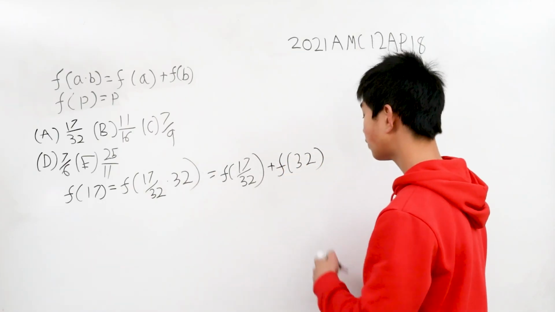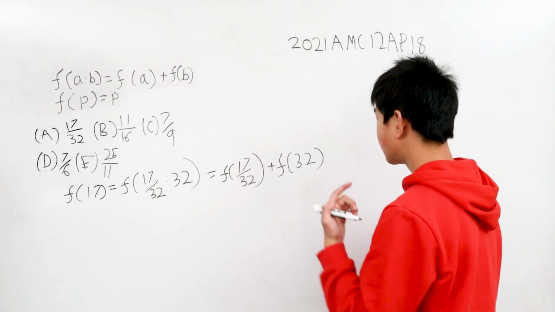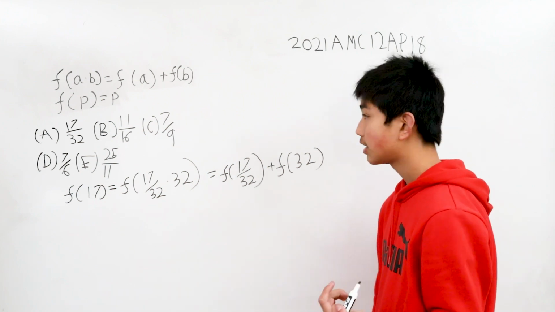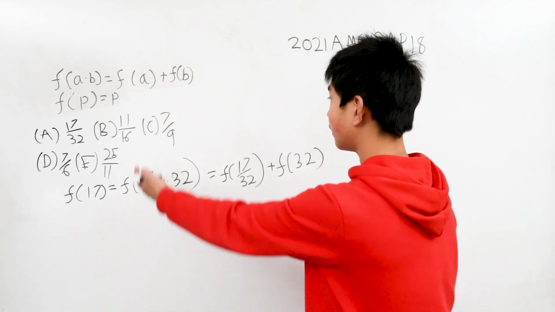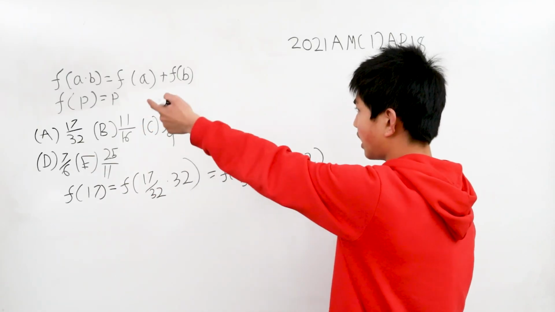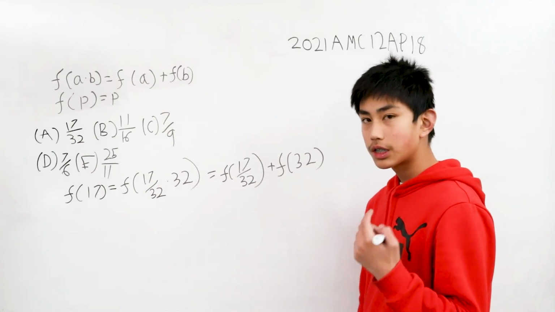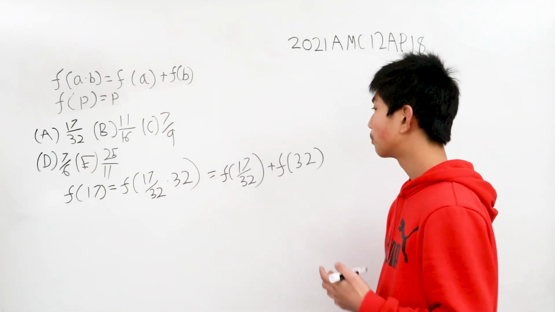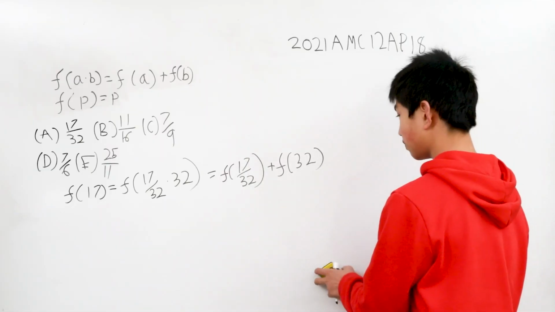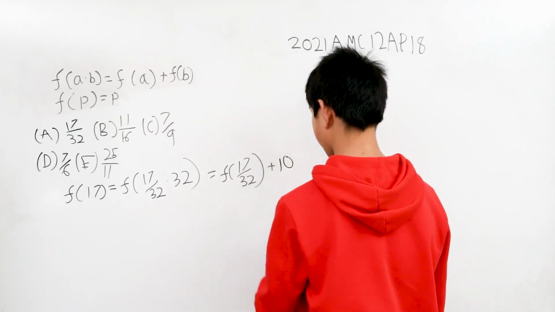Now, we want to break 32 up such that it becomes a real number in a sense, using that f of p is equal to p, and f of a times b is f of a plus f of b. 32 is 2 to the power of 5, so when you break it up, there will be 5 2's. When you add all those 5 2's together, that'll be 10.